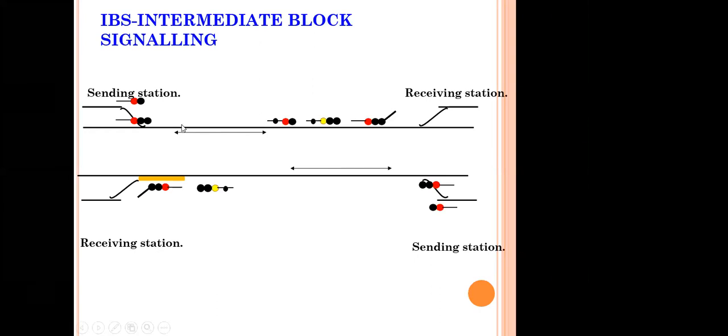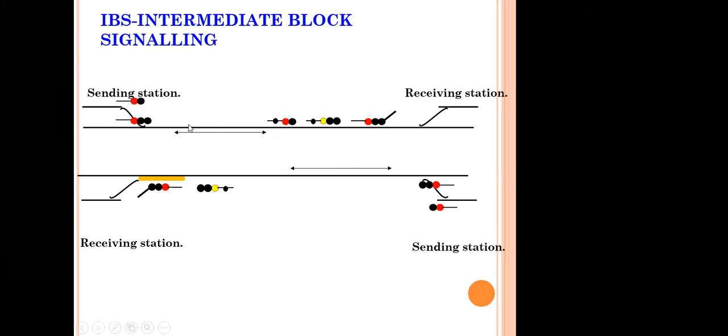So this advanced starter was shifted to the mid of the block section, and still it has the control of the block instrument. Block instruments are connected between these two stations. It can be taken off only when the line is clear up to the home signal plus an adequate distance beyond it, and other conditions are fulfilled. Then only this IBS, now named as IBS, not as block signaling, can be taken off.